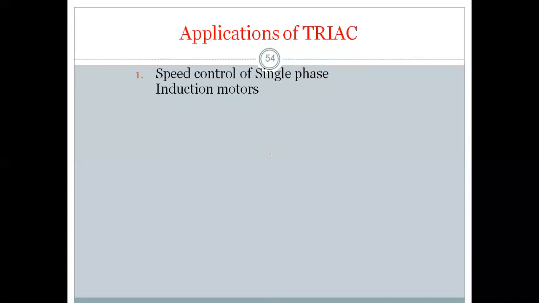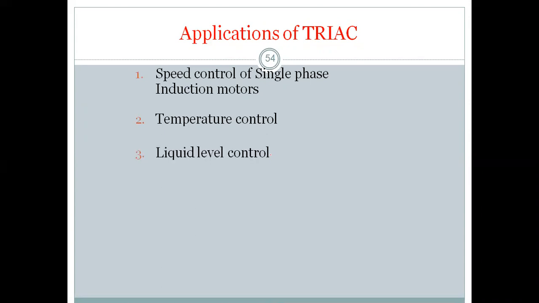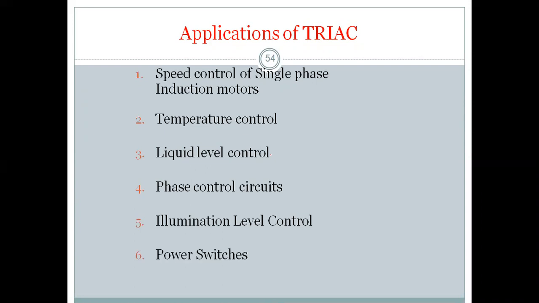Coming to the applications of the TRIAC. TRIACs are used in speed control of single phase induction motors as well as series motors, temperature control, liquid level control, phase control circuits, illumination level controls, and power switches.